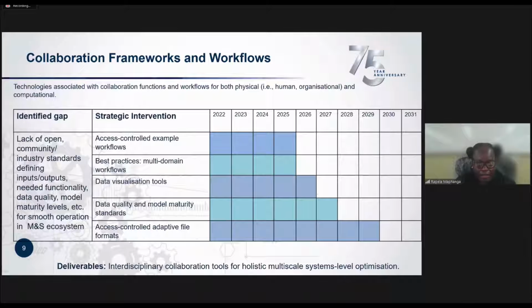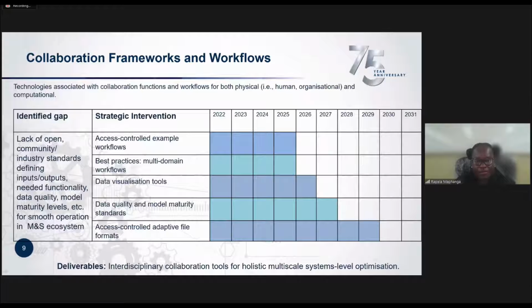Then again, we have to identify the deliverables. Then the one that is key, I think, is to build or establish a community of practice for modeling and simulation. I know that there is a community that already exists.